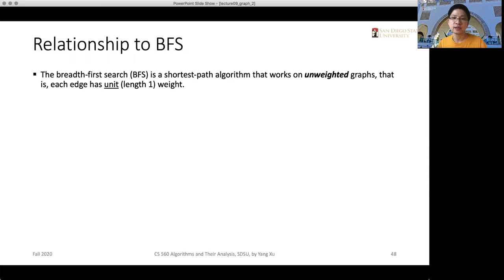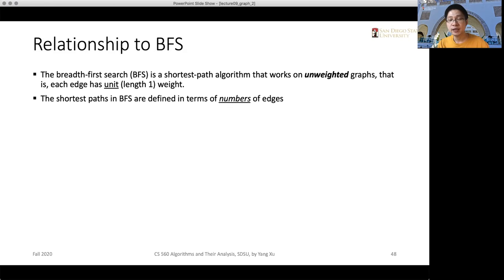But the shortest path returned by BFS is defined on top of an unweighted graph, so all the edges have equal weights. There are no real number values.